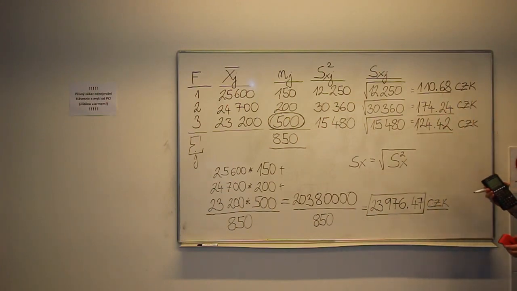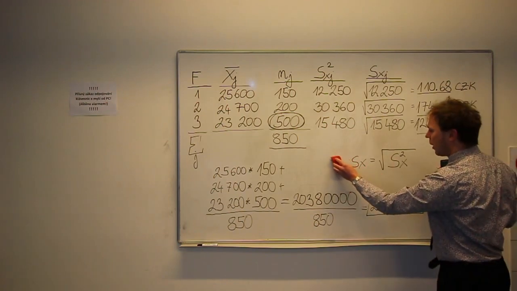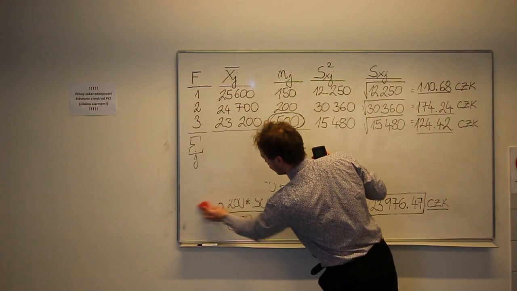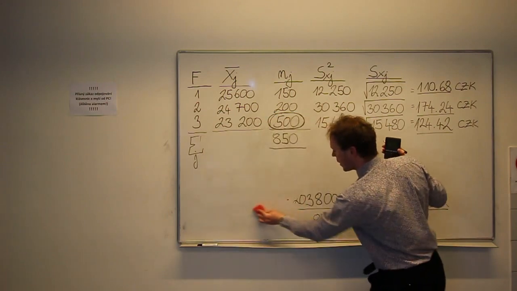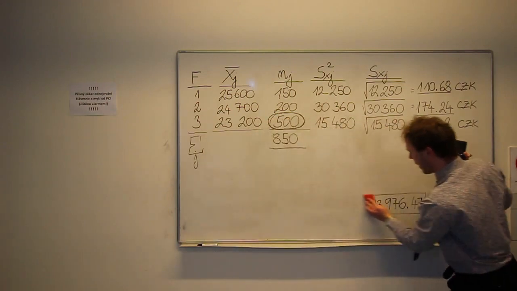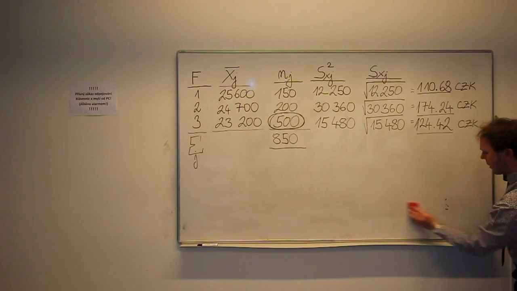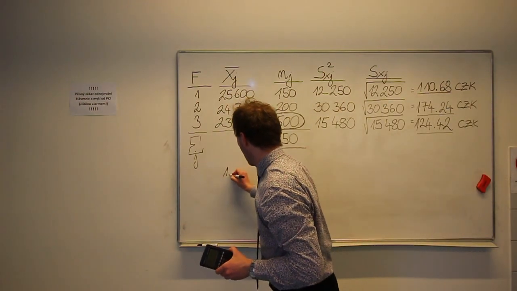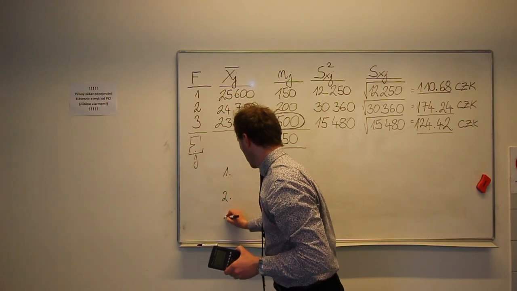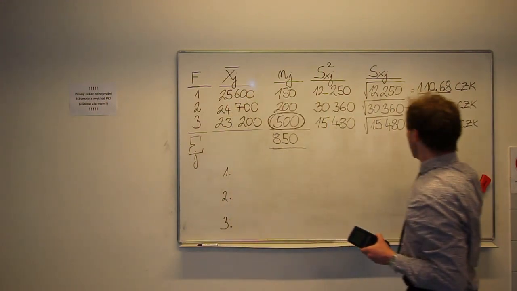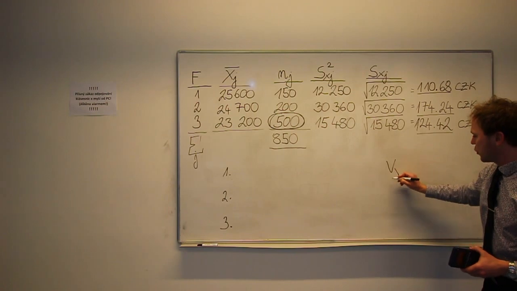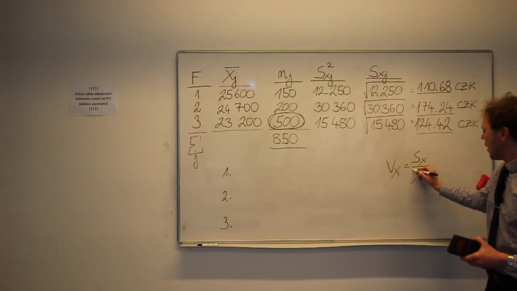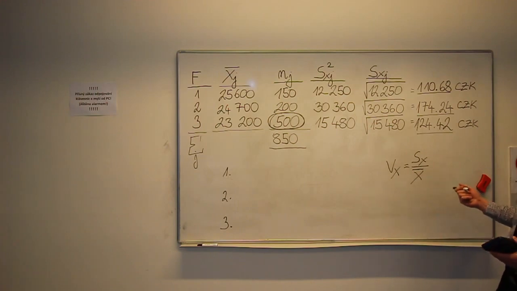Now we can calculate three individual variation coefficients, for firm 1, 2, and 3. The coefficient of variation is calculated as the standard deviation divided by the mean.